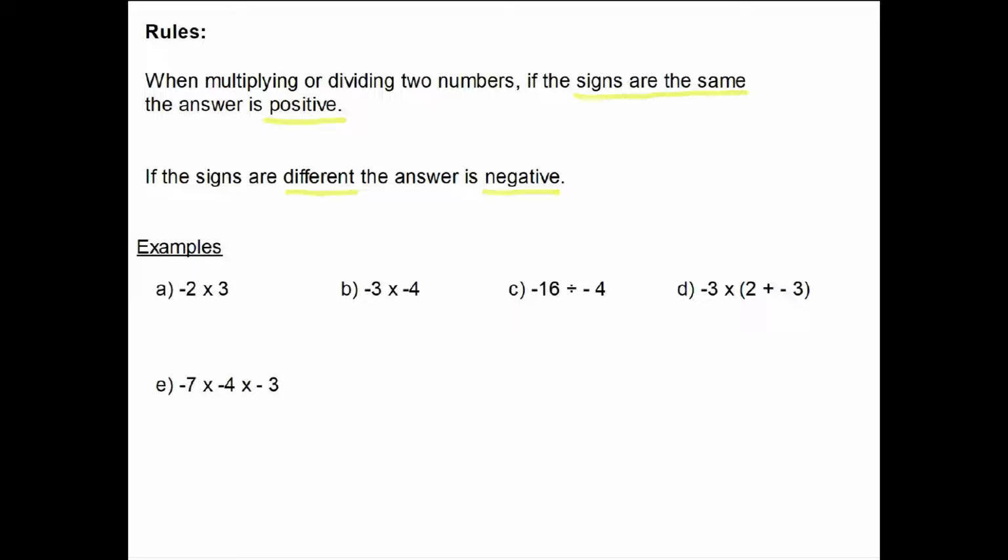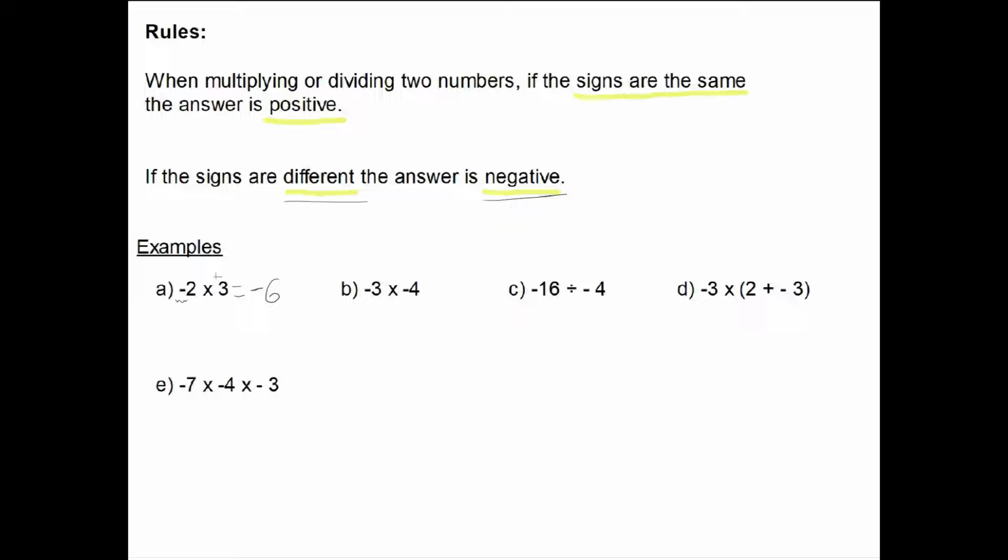I'm going to do some examples, and then you'll be able to try some examples yourself. A: minus 2 times plus 3, I have a minus 2 and a plus 3. The signs are different, so that means my answer is going to be negative, so I have minus 6 as the answer.